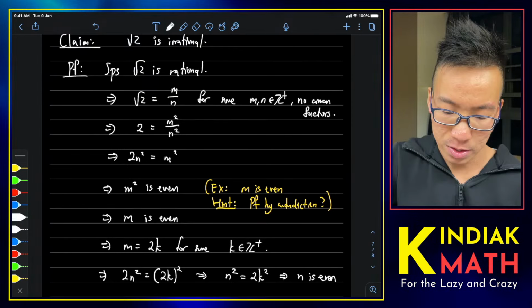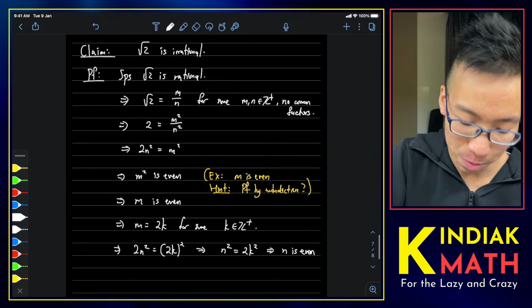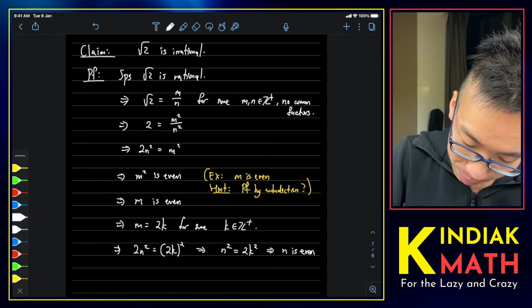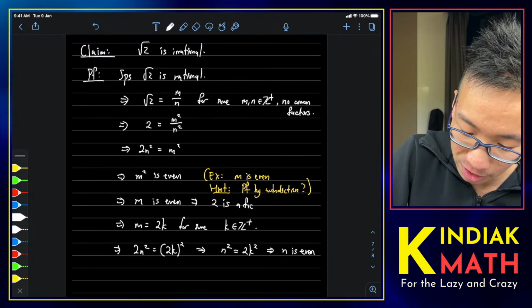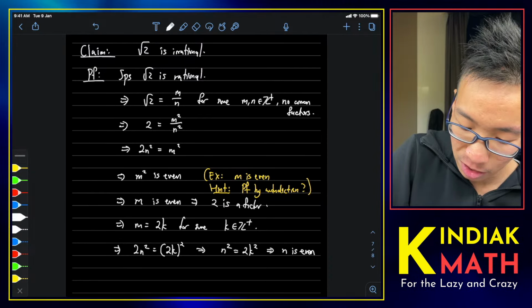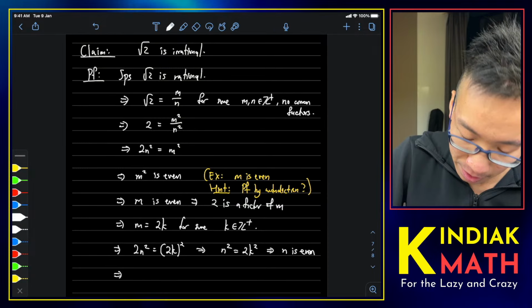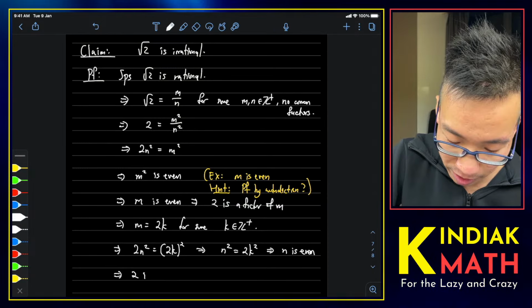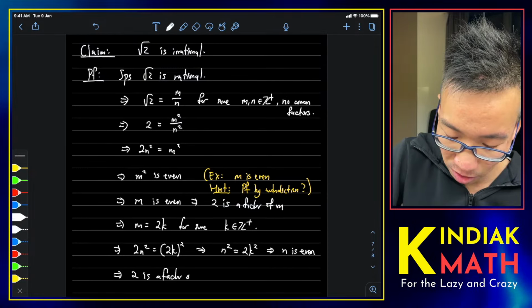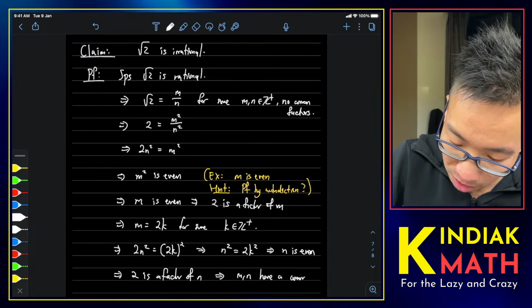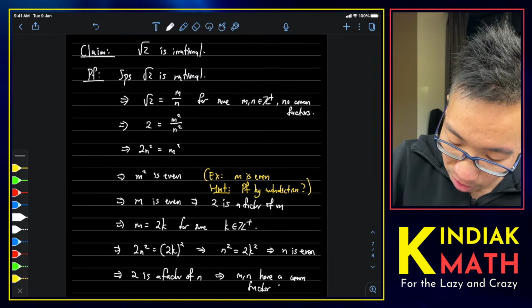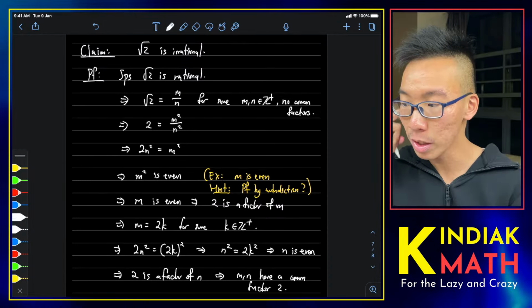So what have we shown? If m is even, that means that 2 is a factor of m. And if n is even, then 2 is a factor of n, which means that m and n have a common factor 2. Now, what does that mean?